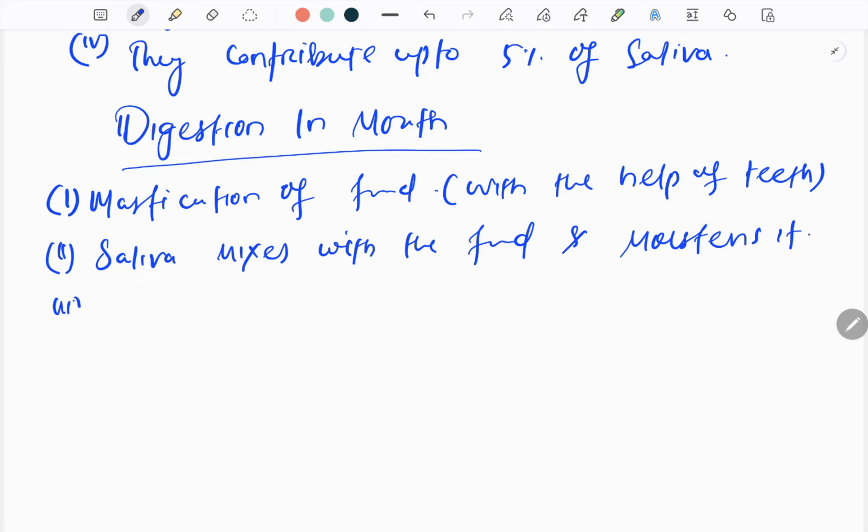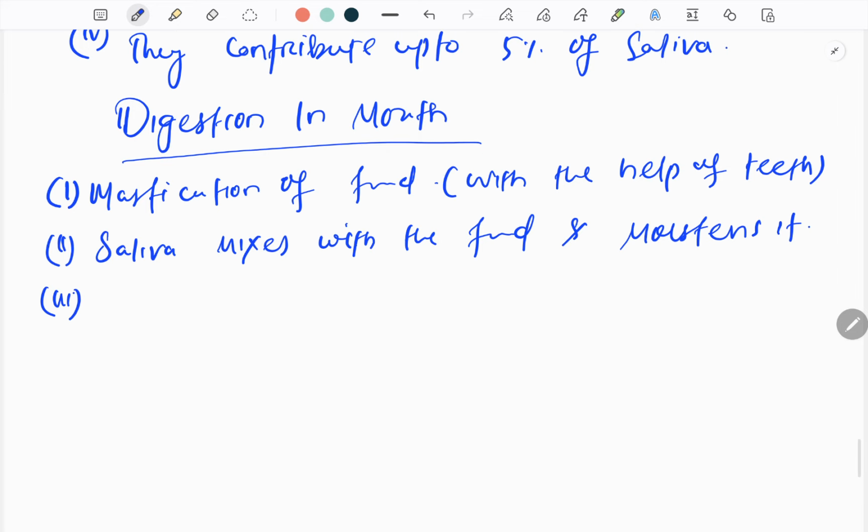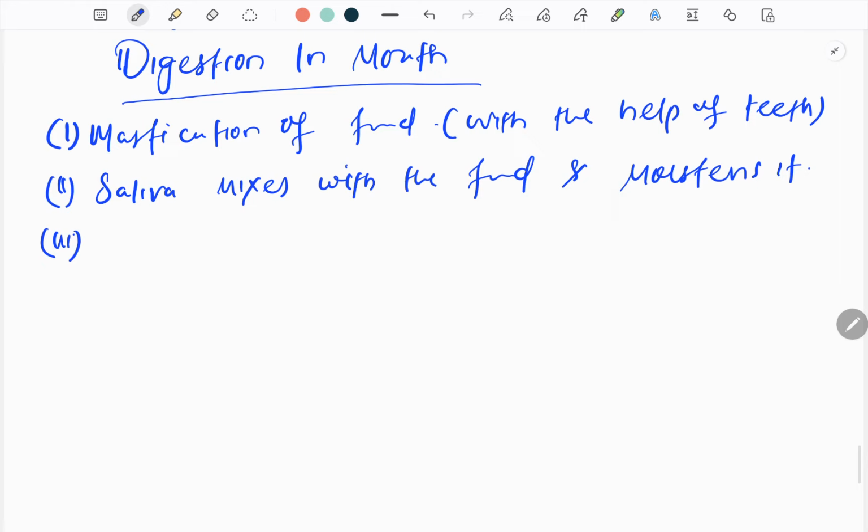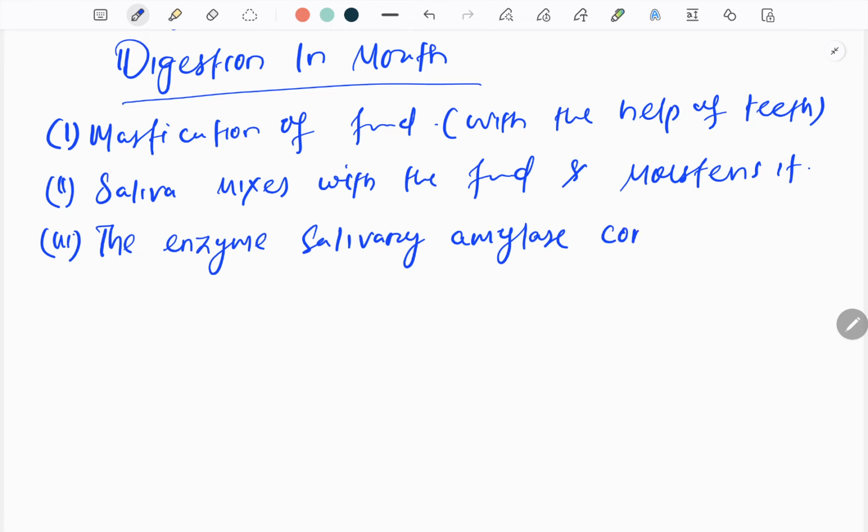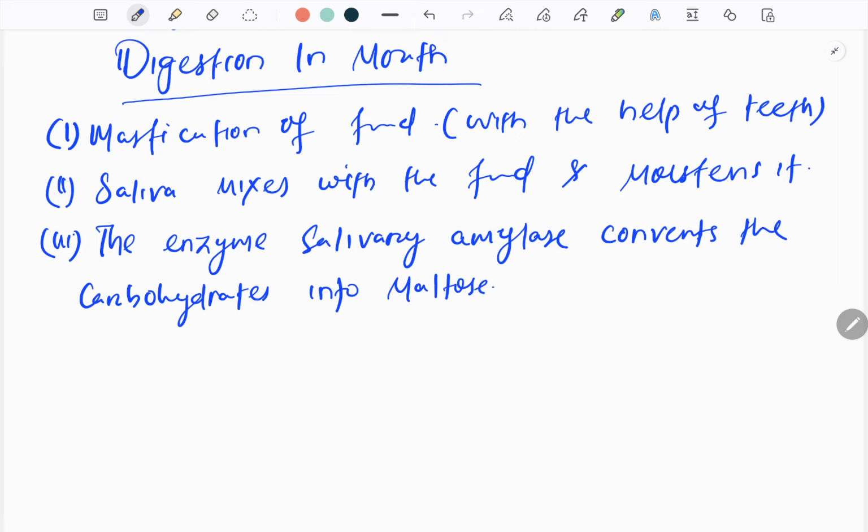Then the enzyme salivary amylase converts the carbohydrates into maltose, which is comparatively a simpler form than the carbohydrate.